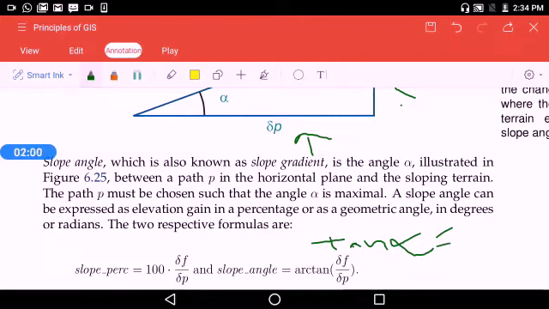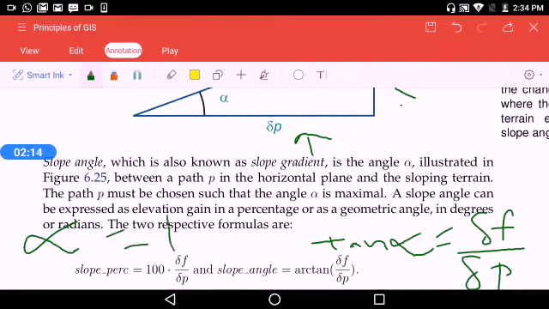So your opposite is delta F and adjacent is delta P. So alpha, if you want to find out what is alpha, it is the tan inverse of delta F by delta P. That is the arctan of delta F by delta P. So this is how we got the slope angle alpha.